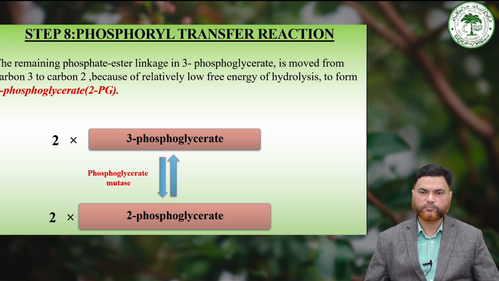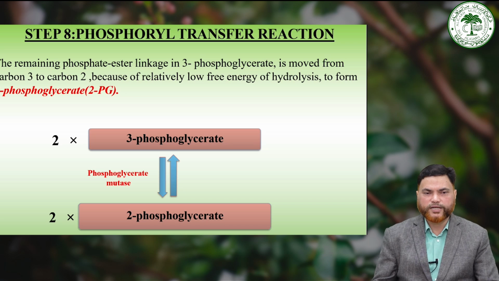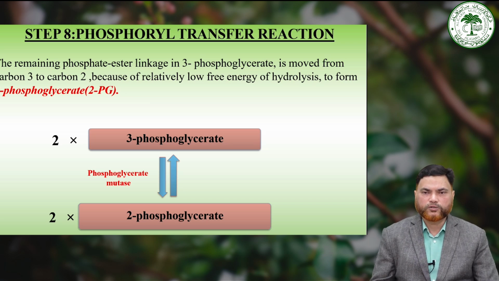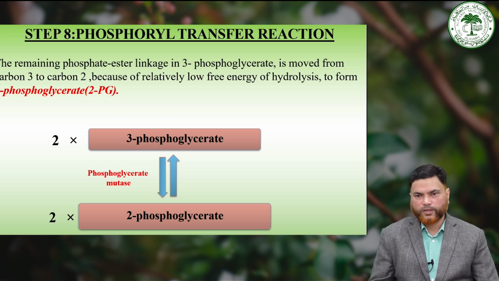Initially, the enzyme phosphoglycerate mutase is activated by 2,3-bisphosphoglycerate to phosphorylate a histidine molecule located at the active site, forming phosphohistidine. In the course of the reaction, the phosphate group is transferred from phosphohistidine to the substrate 3-phosphoglycerate, creating an intermediate, 2,3-bisphosphoglycerate.